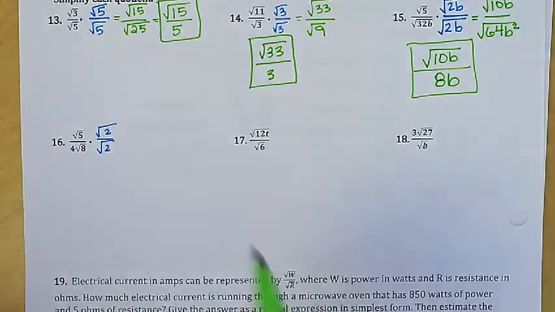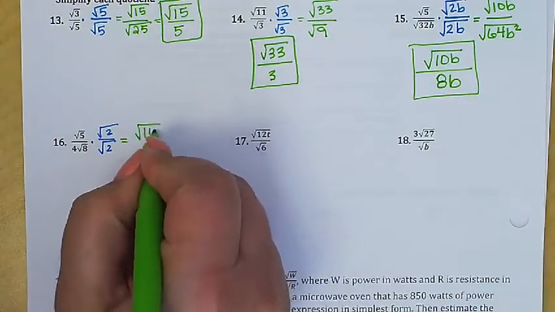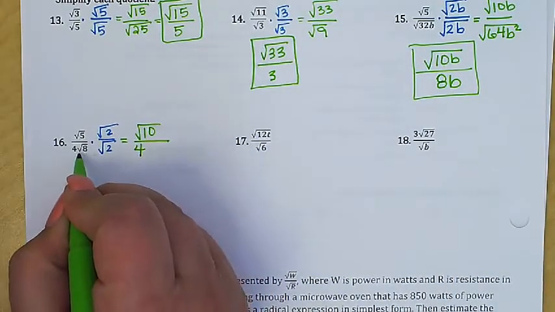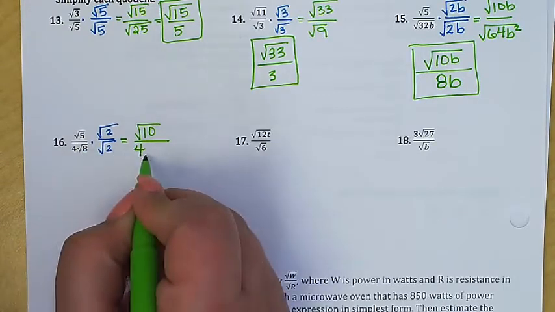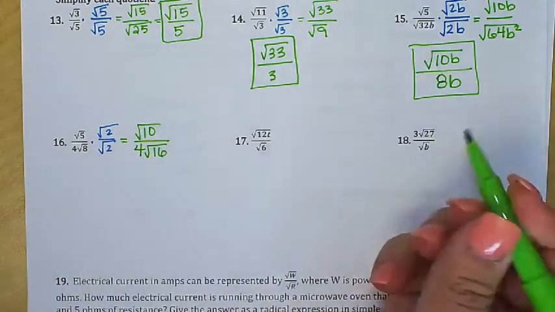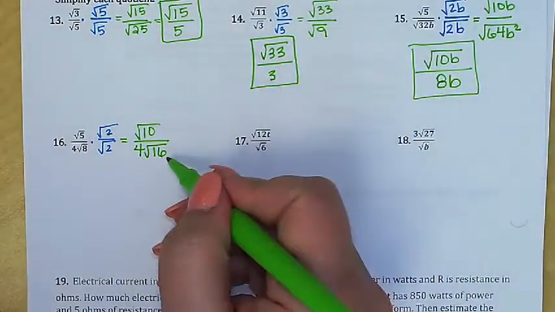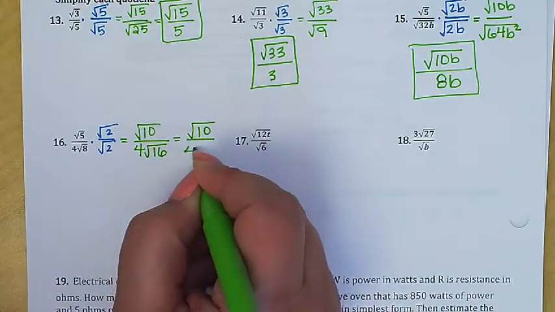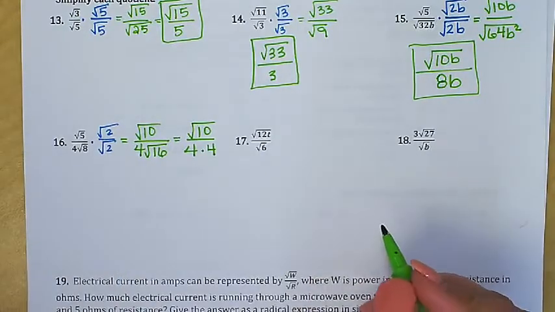That'll take care of that for us. So if we rationalize with a square root of 2 on top and bottom, on the top we get square root of 10. On the bottom we've got 4 times, so the 4 is a whole number, it's still there, and then 8 times 2 is 16. But wait! Square root of 16 is a perfect square, so we can say 4 times the square root of 16, which is also 4.